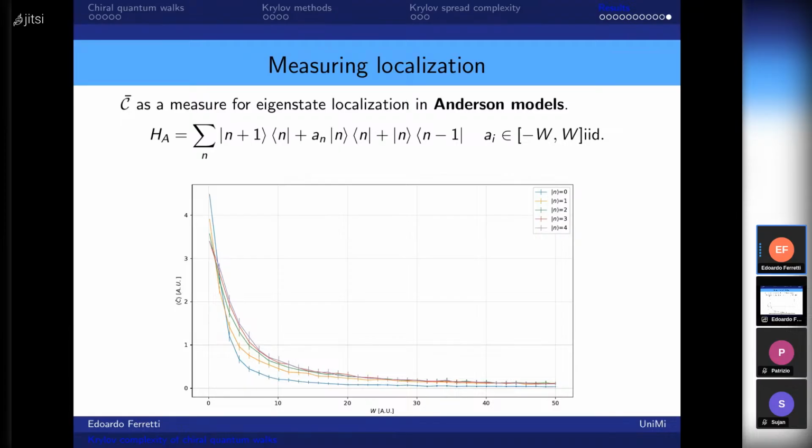So what we are observing is that the complexity may be used as a figure of merit to see how much this Hamiltonian, this system, is able to oppose transport between the nodes.